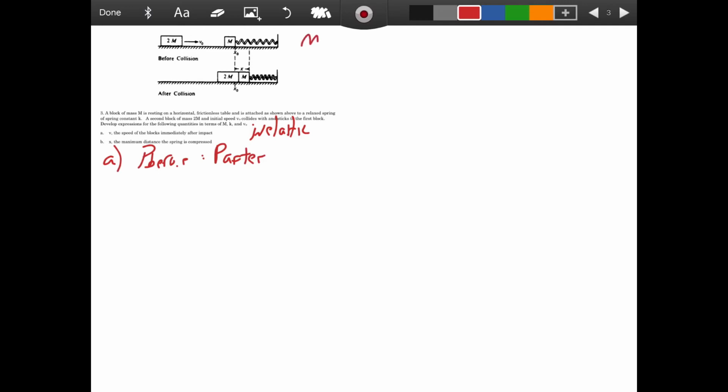We have the mass of 1 times the v0 1 plus mass 2 times v0 2 equals mass 1 v final 1 plus mass 2 v final 2. In this case, since they both stick together, they have the same final velocity.